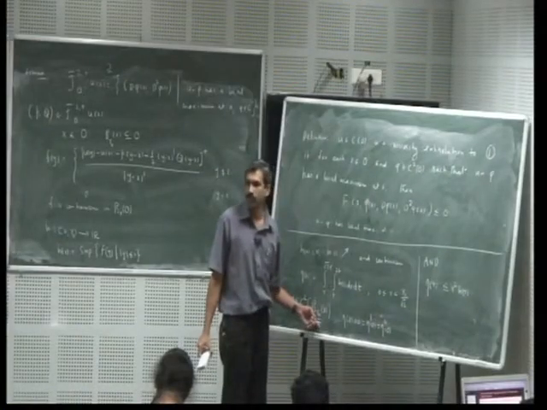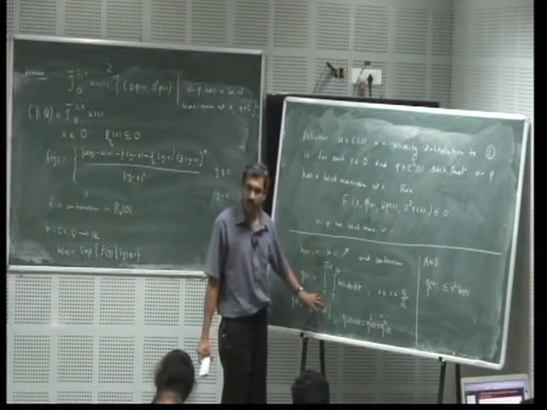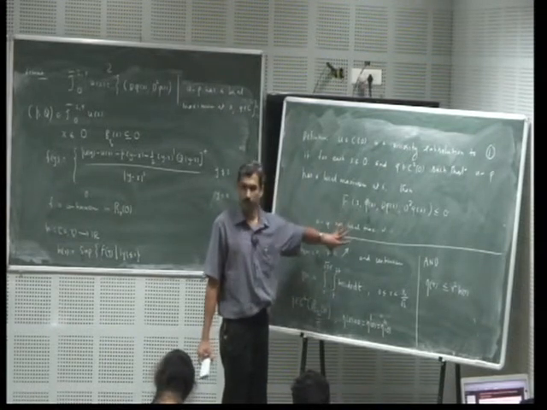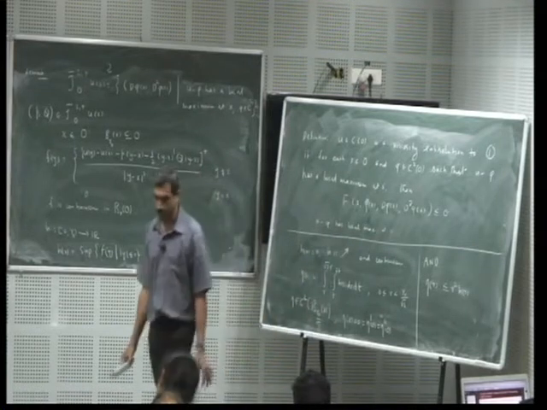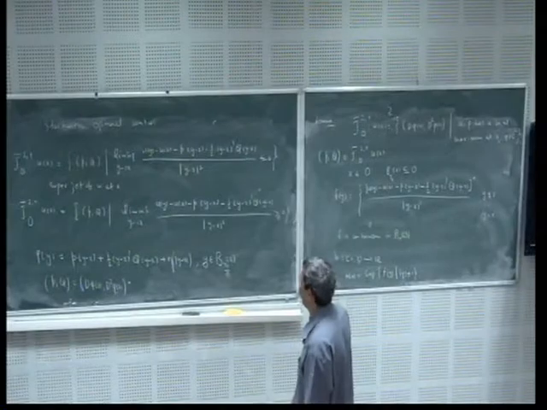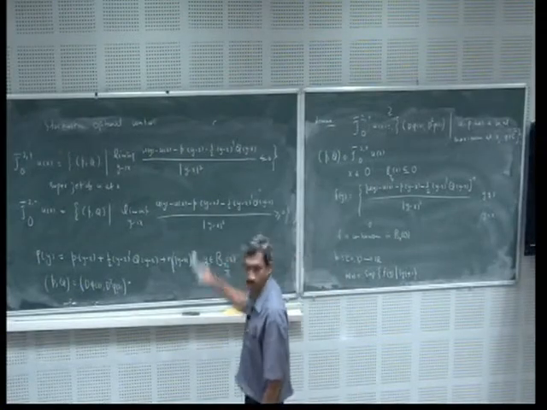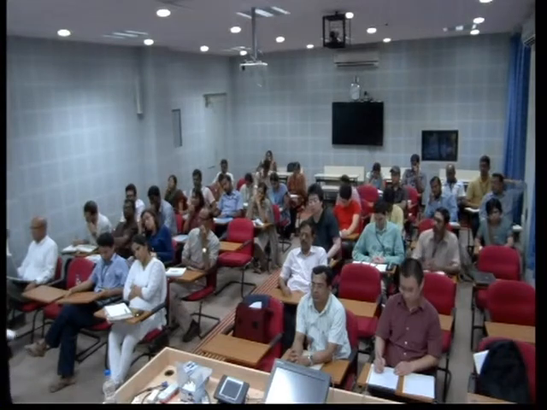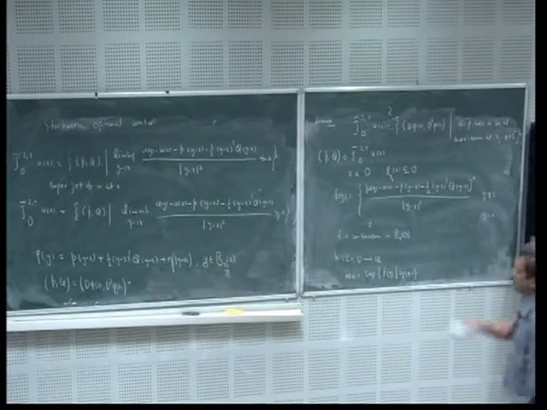So what you can do is restrict further, and then you can easily extend in a C2 fashion to the whole space. And then this phi is going to act as the corresponding test function. So that will prove this equivalence.